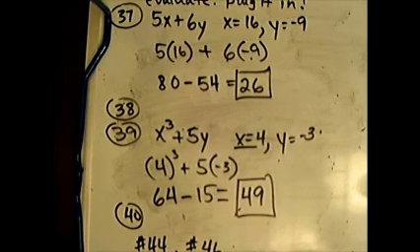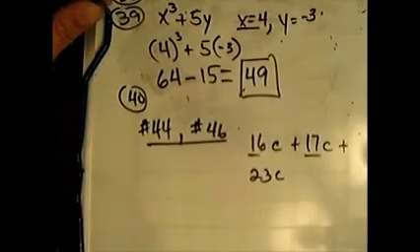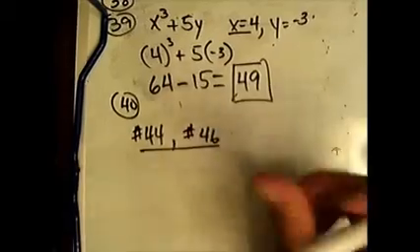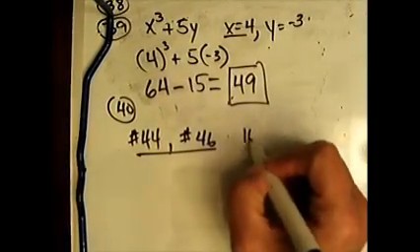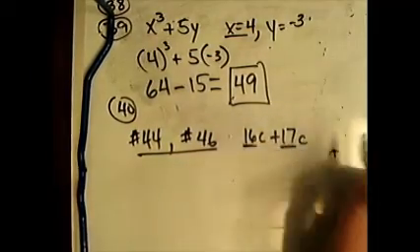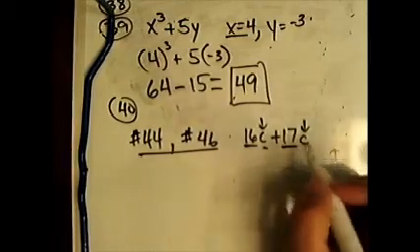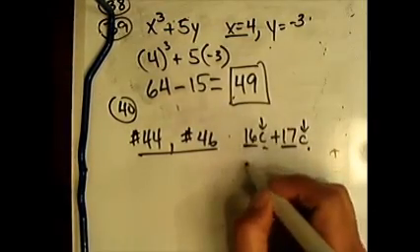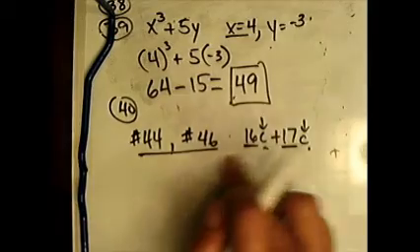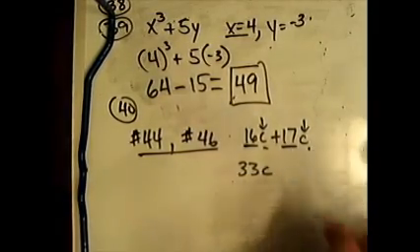Let me repeat: if you have a 16c plus a 17c, add these two together because they're like terms. That means these two things are exactly alike. So 16 plus 17, oh, it's not 23. Sorry, it's 33. So that's 33c.